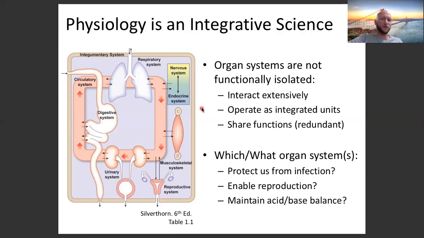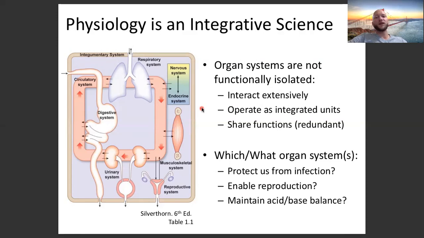What happens in the circulatory system can affect what happens in the kidneys. What happens in the kidneys can affect what happens in the nervous system. What happens in the nervous system can affect what happens in the musculoskeletal system. These organ systems all interact extensively. They operate as integrative units.